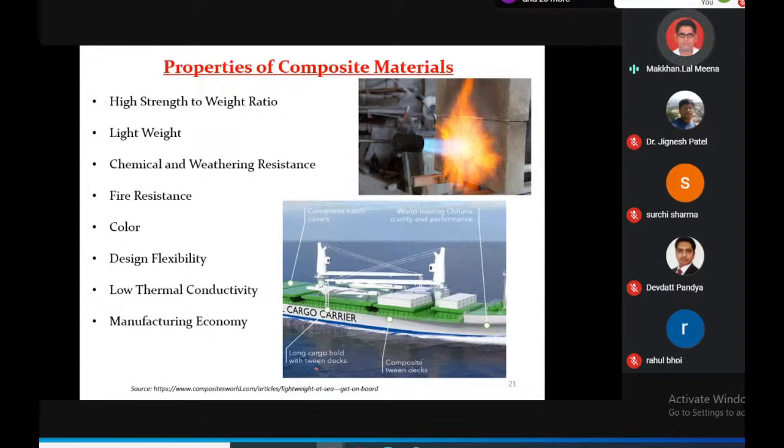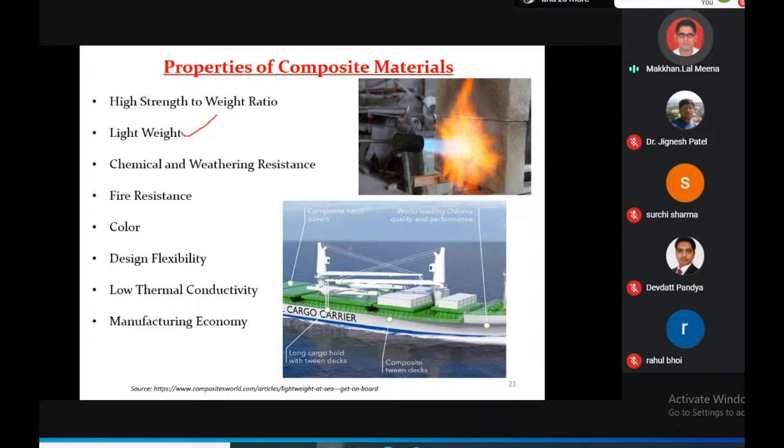By refining the laminate, many characteristics can be enhanced. A common laminate, say 3 mm chop strand mat, is quite flexible. The second property of composite materials is that they are lightweight.